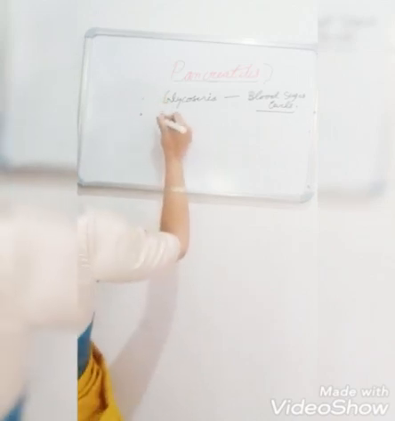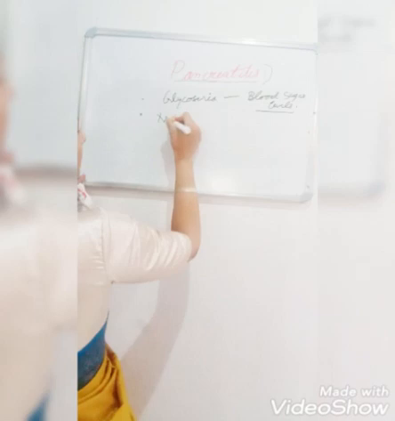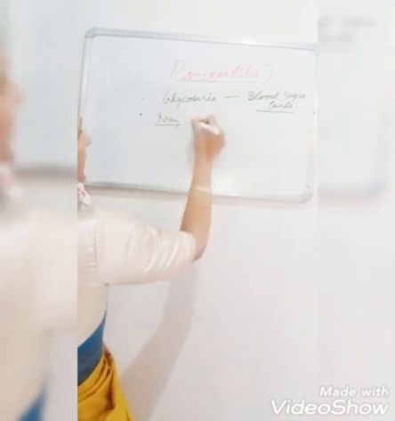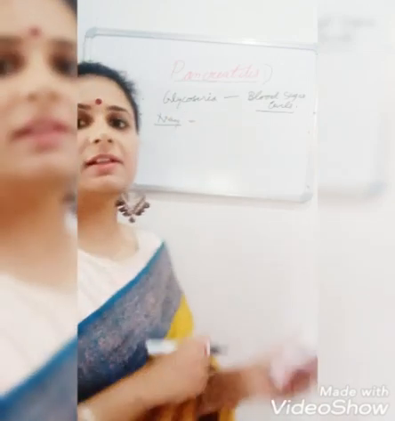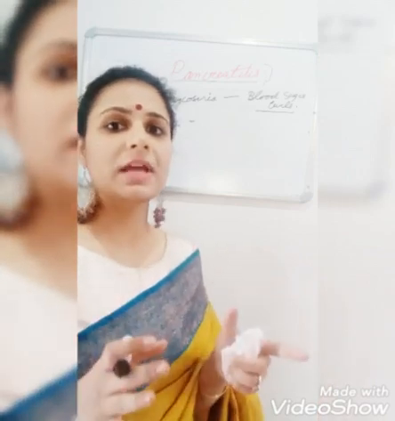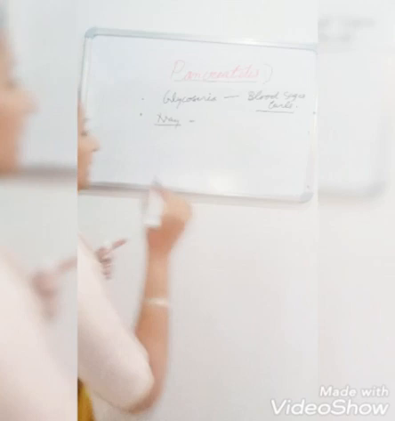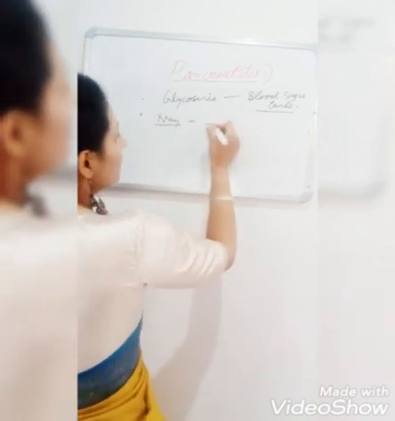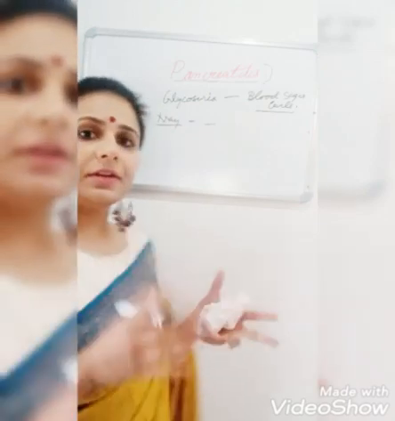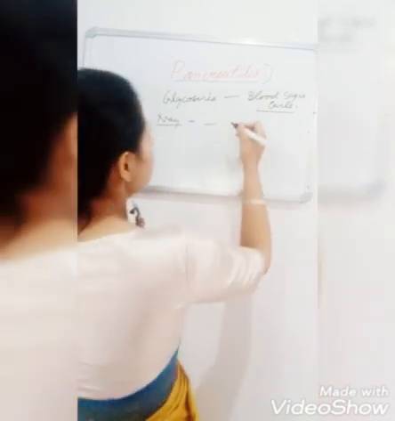Then plain X-ray is also done, where if the sentinel loop sign is positive, then this is the confirmatory sign for pancreatitis. In sentinel loop sign, in X-ray there will be a dilated loop of jejunum.